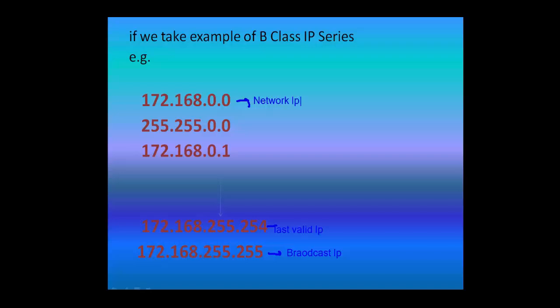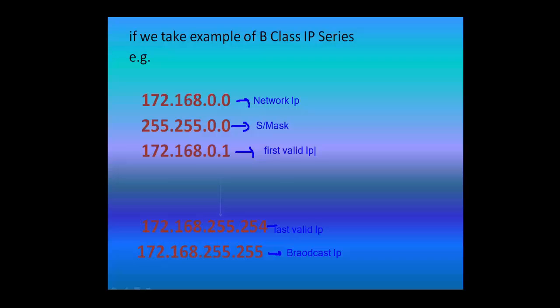Otherwise, we'll complete in another video also. It is the subnet mask. It is the first valid IP. So it was a B class structure.